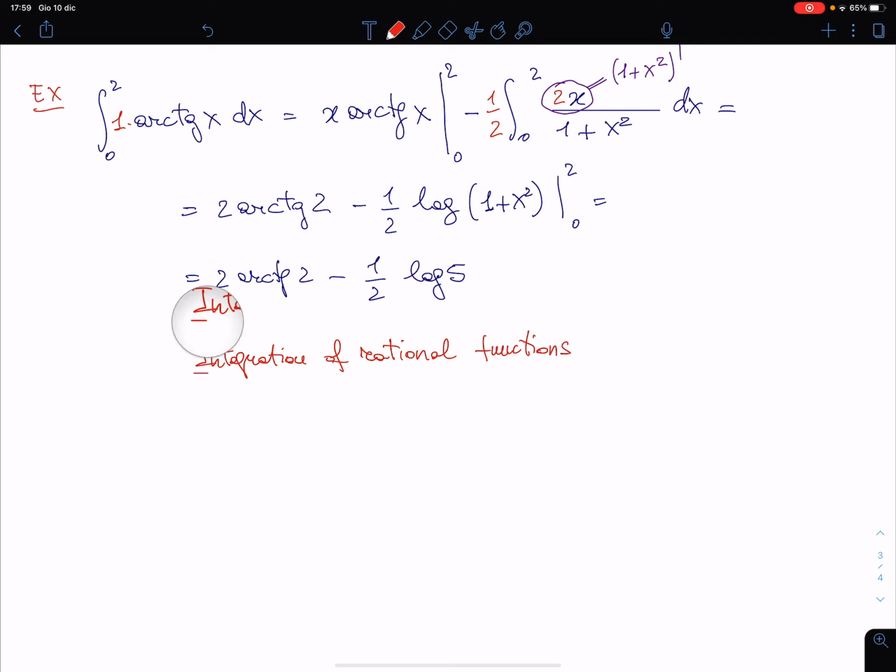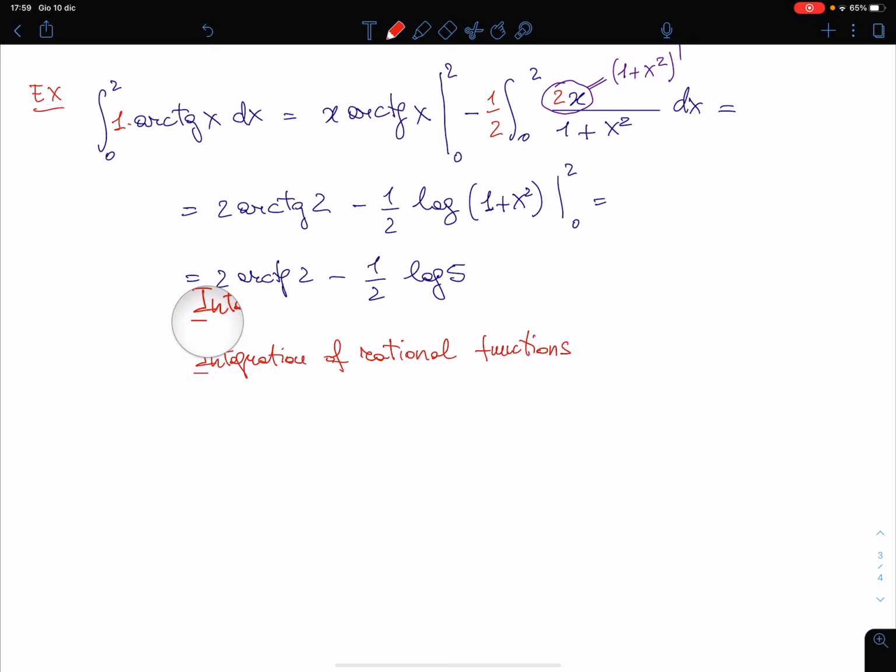Number 3 is the most complicated of these prototypes. The first thing that you have to notice is that if n is equal to 1, we already know this integral: 1 divided by 1 plus x squared is the arctangent of x plus c.